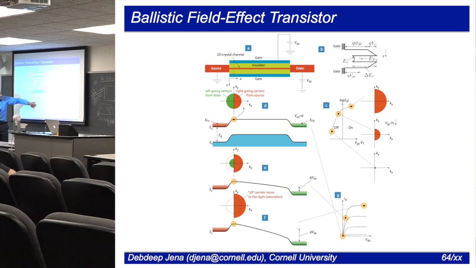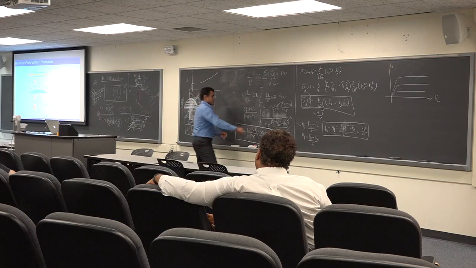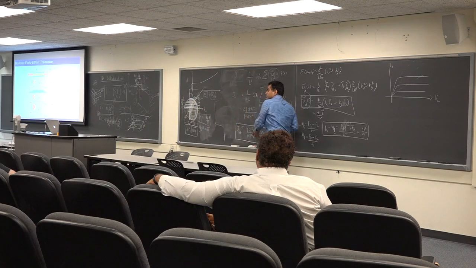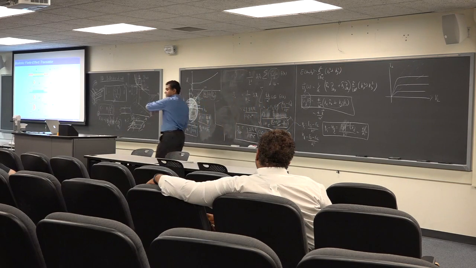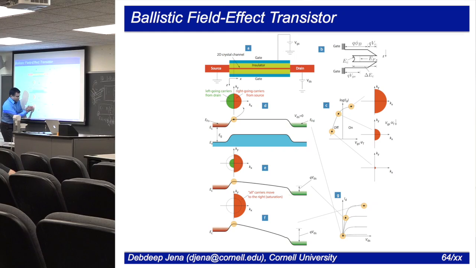And because we know what is the current, we just calculated the current for the right-going states. The right-going state current is just that, right? You are summing all the group velocities in that half circle, the x directed. So the current is the sum of all these k cosine thetas here. That is not changing anymore, right? Once you reach the situation, therefore the current saturates. There's no more change in current with the drain voltage.